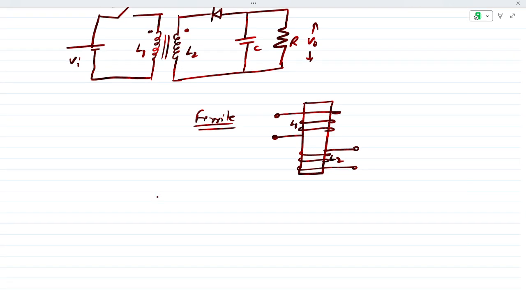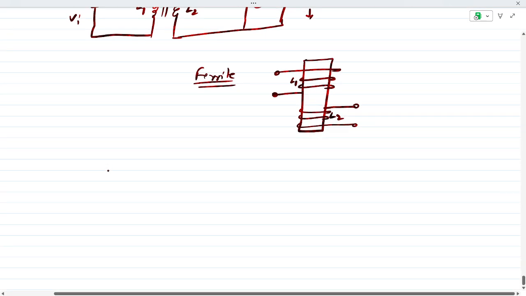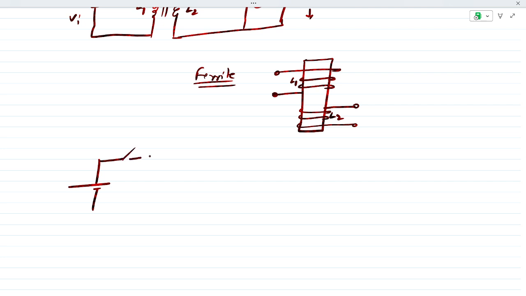But in the final figure, I'm now going to draw the final diagram of the flyback converter. So this is the MOSFET switch, and this is your inductor L1. This is magnetically coupled with inductor L2, and the orientation is opposite, so I have plotted it like this, and this is the diode.